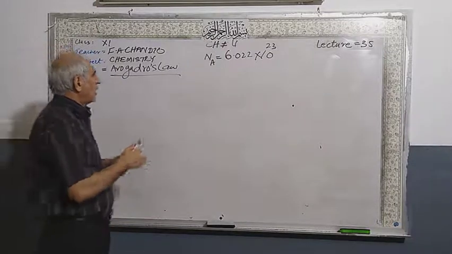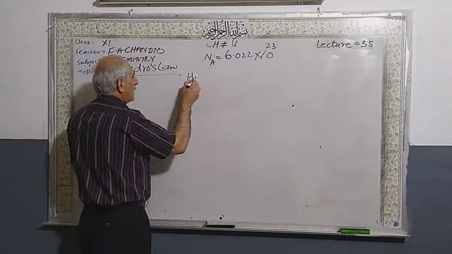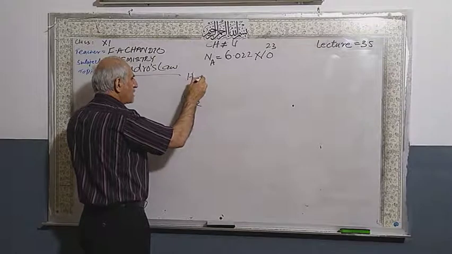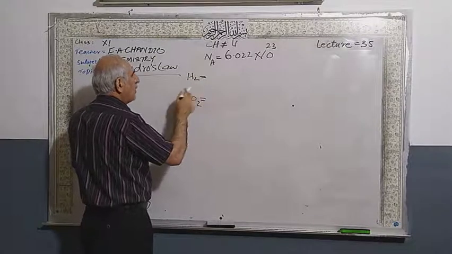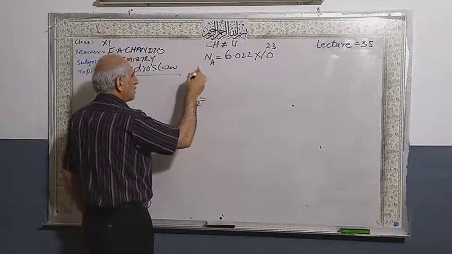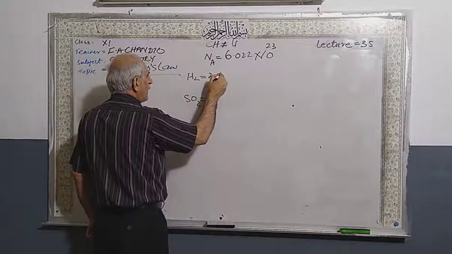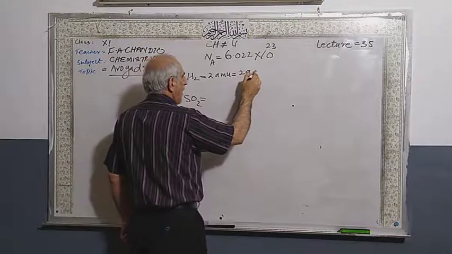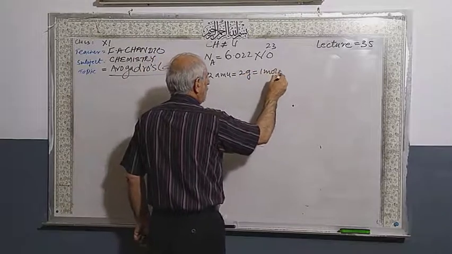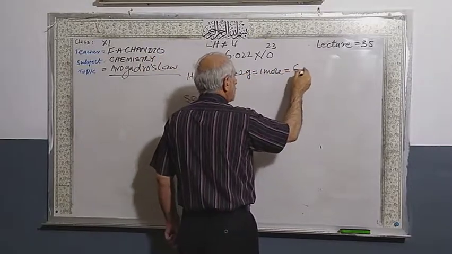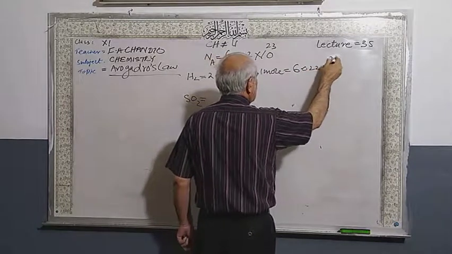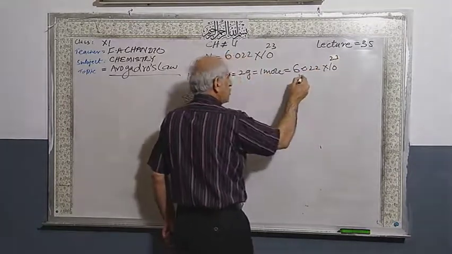So if you have any lighter gas or heavier gas, whatever the mass of the gas, it must be equal to Avogadro's number. So for hydrogen, 2 atomic mass units, 2 grams, 1 mole must be equal to 6.022 into 10 raised to power 23 hydrogen molecules.